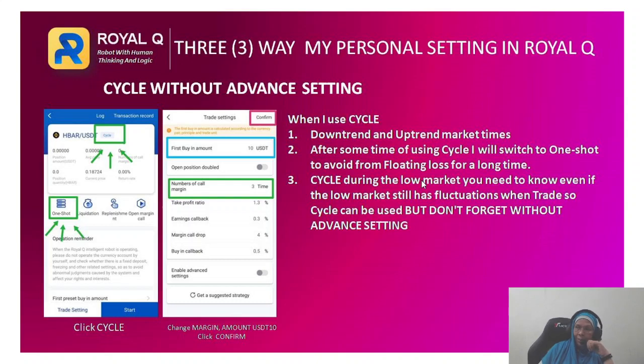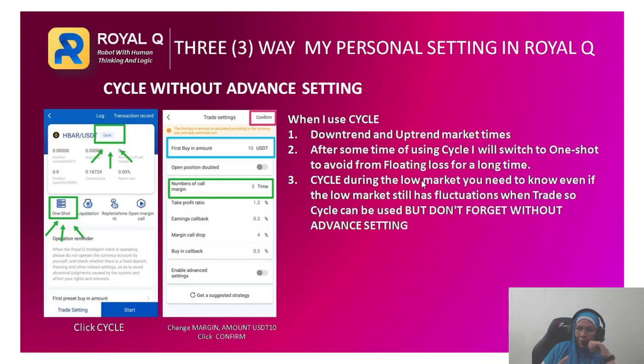So what this means is, I use a cycle, and let's say after 6 hours or maybe 8 or 10 hours, I see the pairs that I put are no longer aggressive. It means they reduce in liquidation and making profit. So this is the time I use one shot.